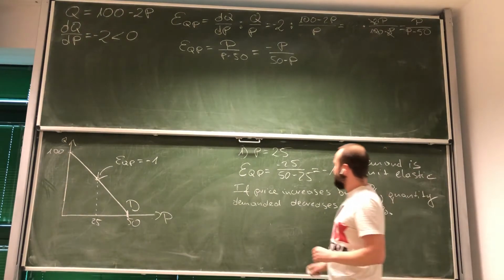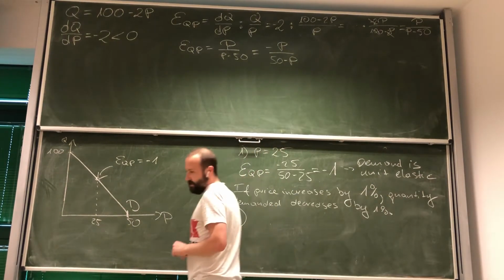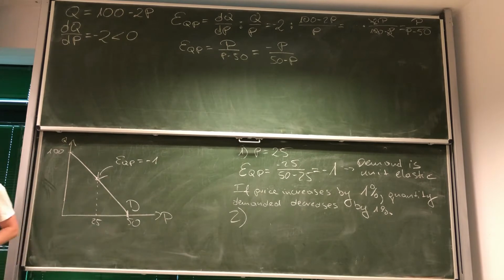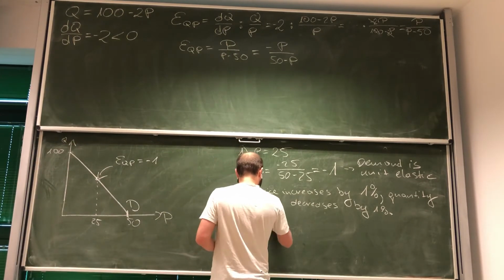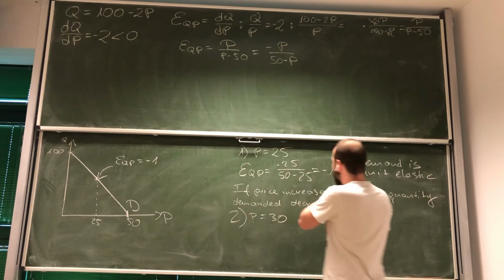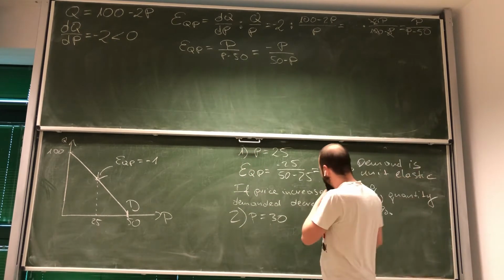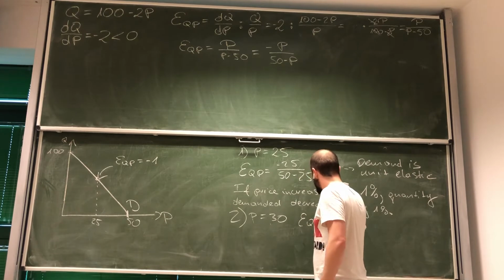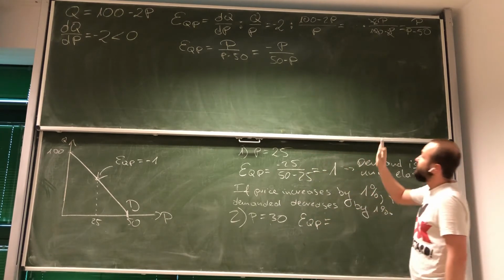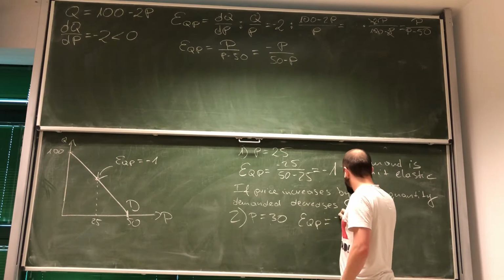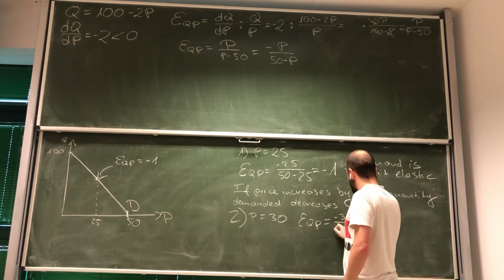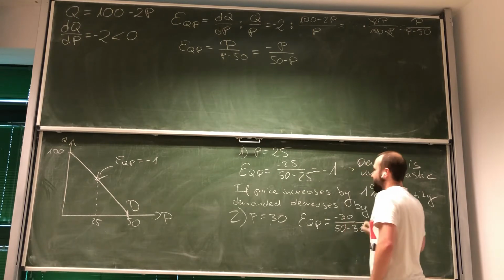Okay, so let's consider a different price level. Let's just say that now price is 30. Okay, so look, again we can use the same formula that we've already calculated for this particular case. So we've got that this is -30 over 50 minus 30, right?